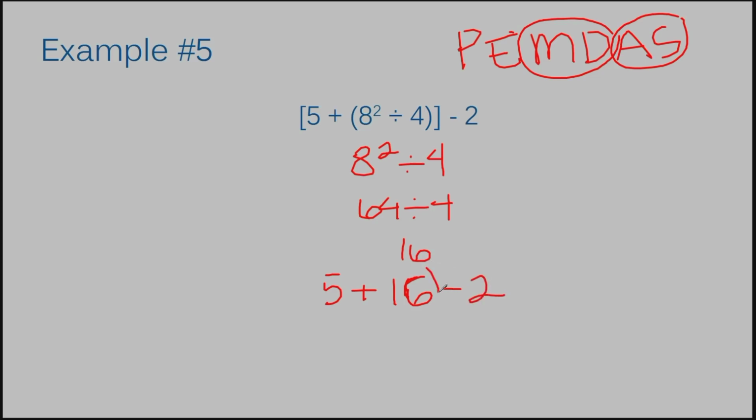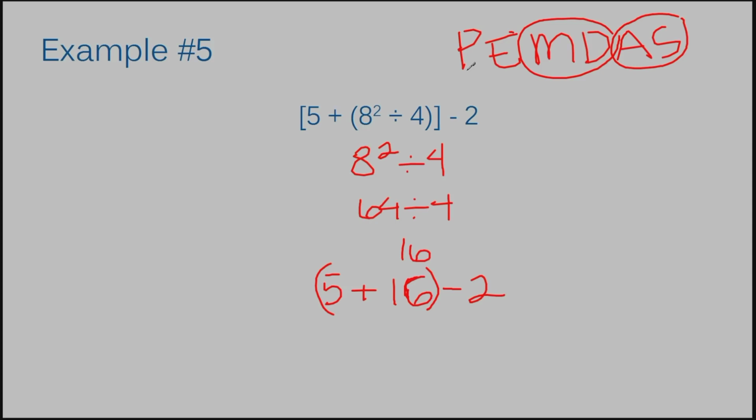This portion is still in parentheses. I've changed to just the regular parentheses because I no longer have two separate sets of parentheses since I simplified that interior one. Now I need to still follow all my normal order of operations.